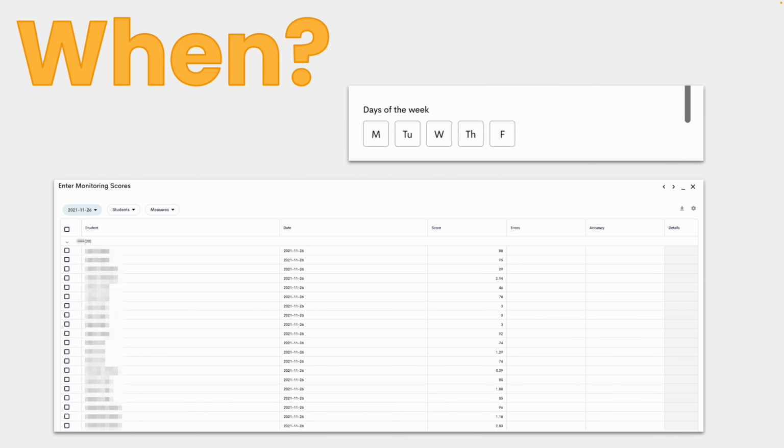And then questions like when. You see I left the same image on the bottom there because another decision that was made in that particular example is that on specific days of the week, in this case November 26th, that's a specific day of the week. So when people were setting up their progress monitoring, see that top right there, Monday, Tuesday, Wednesday, Thursday, Friday, a group of teachers made a decision to all pick the same day of the week, again, so that paraprofessional was able to click this one button and pull up all the students.